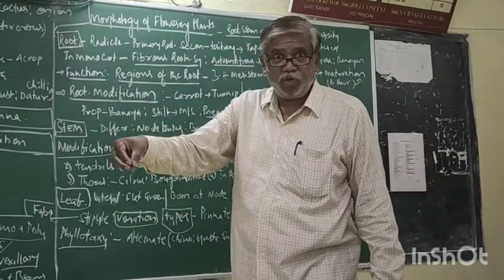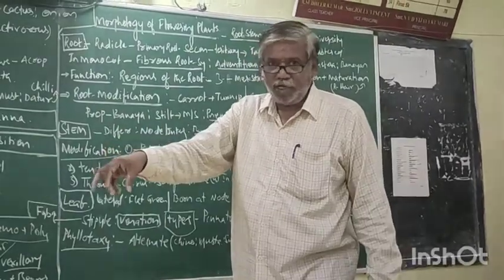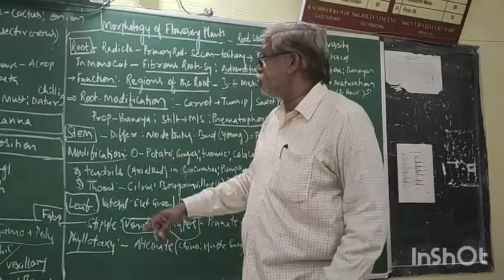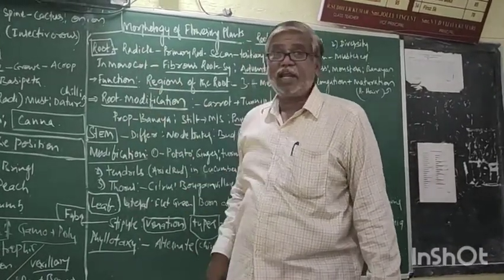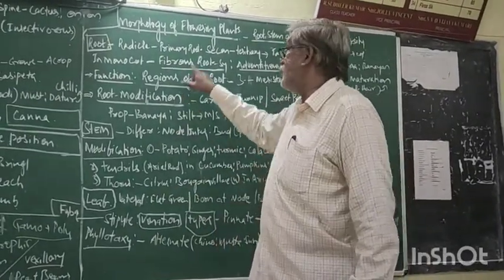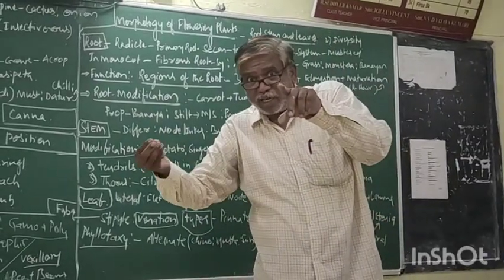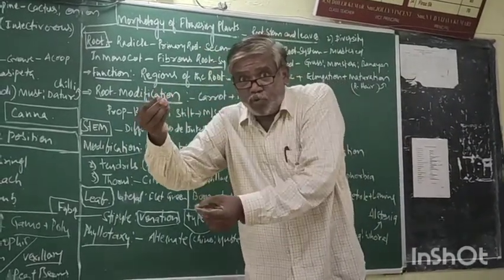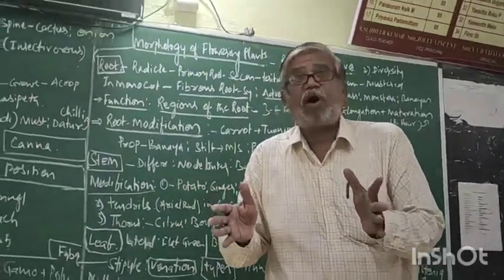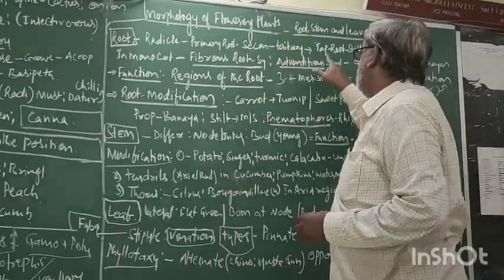When you keep the seed in the soil, it germinates. In germination, the radicle elongates and leads to the primary root. This primary root forms the secondary roots, and the secondary root forms the tertiary roots. This type of formation of roots and subroots is called the taproot system.